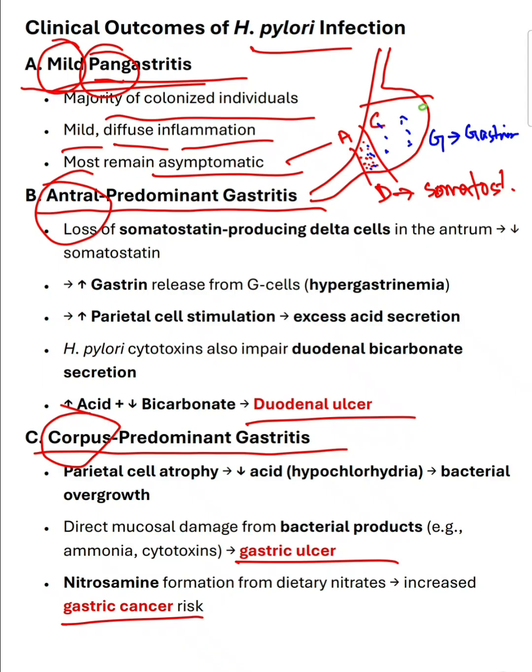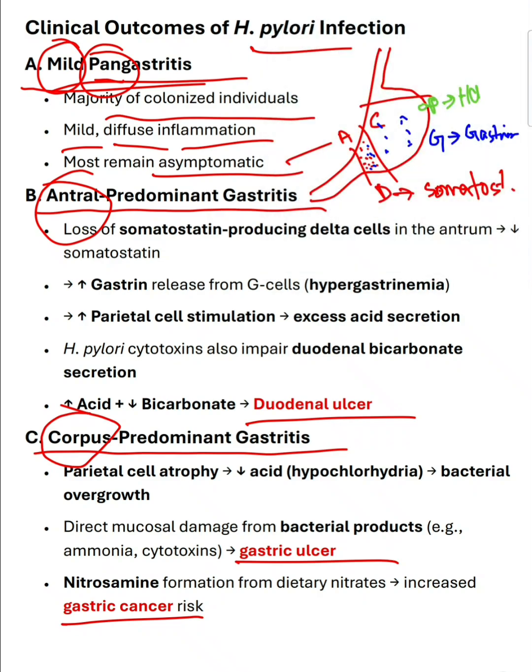I mean, it's more kind of diffuse, which is called the parietal cells, and in this context we need to know that they release acid, the hydrochloric acid.